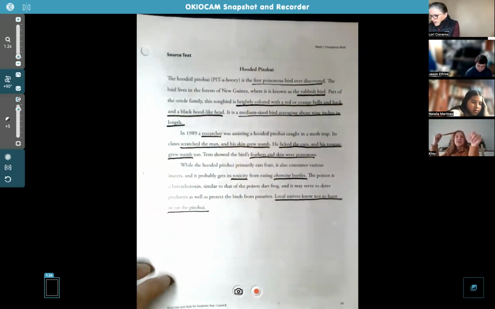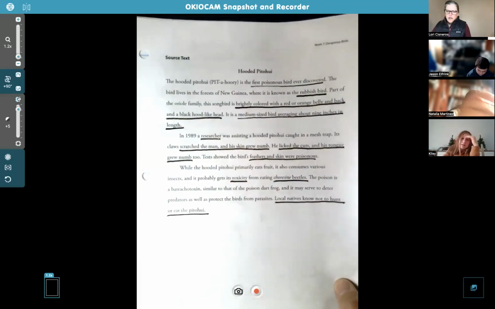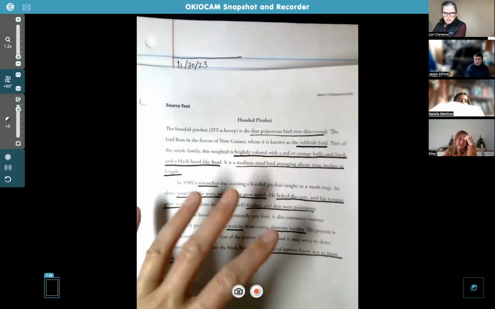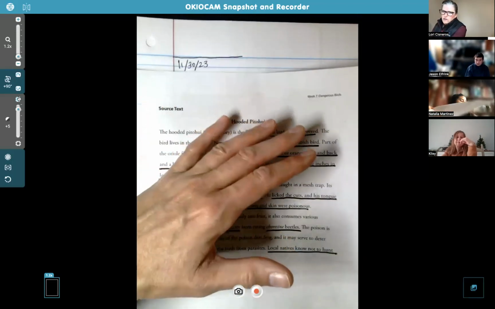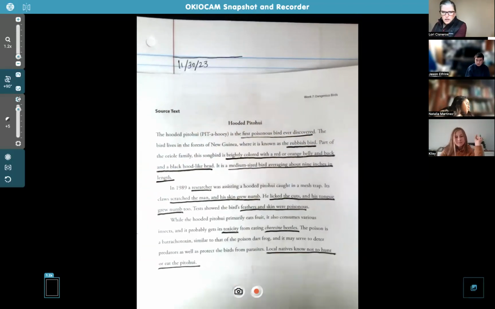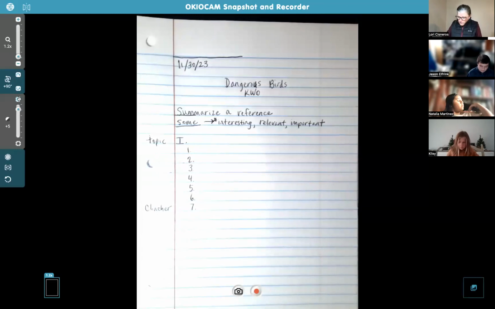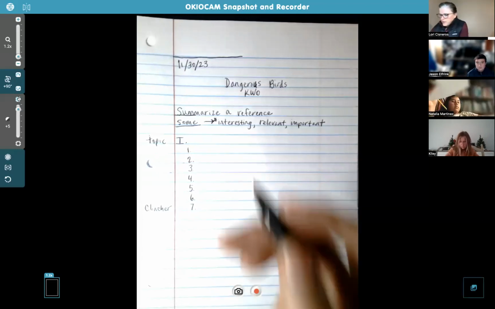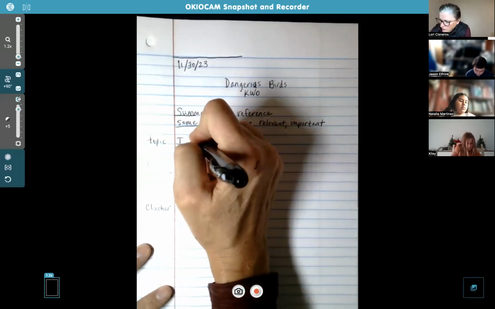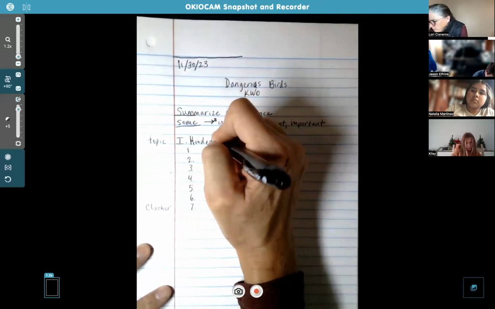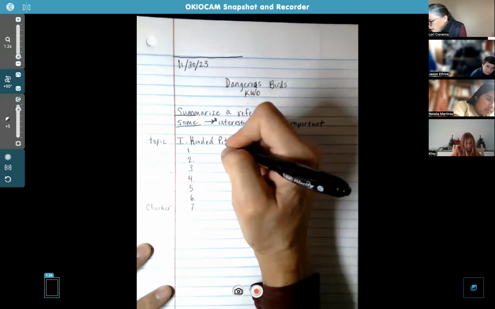I got to go kind of fast here because I want to make sure to get your outline going for your paragraph. So now that we have some things that we underlined, notice we didn't underline everything. We underlined things that we thought were interesting. So now here, we got to start filling this out. We're talking about the hooded, I forgot to capitalize that, pitohui.